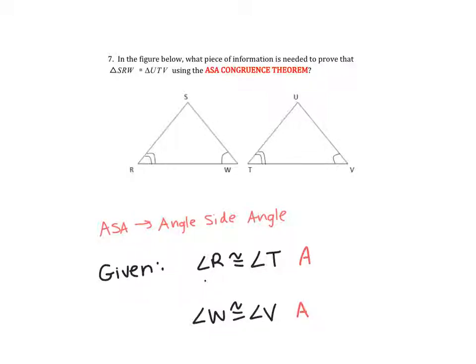So you can see that we're missing that side in between. So we have to describe that these two in-between sides are congruent. So we can say RW is congruent to TV. So that's the piece of information that we are missing in order to use the ASA congruence theorem.